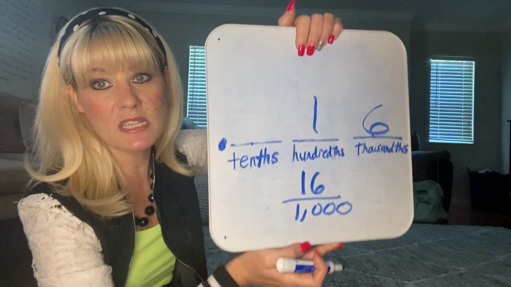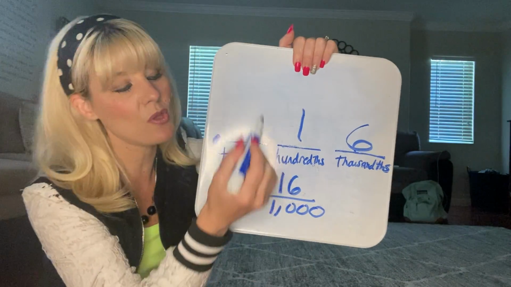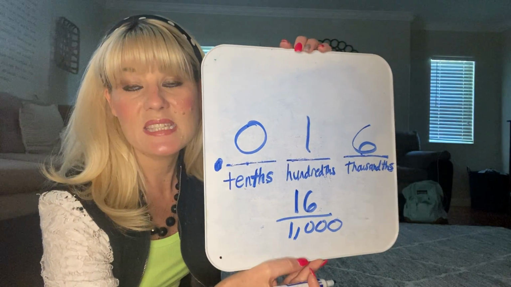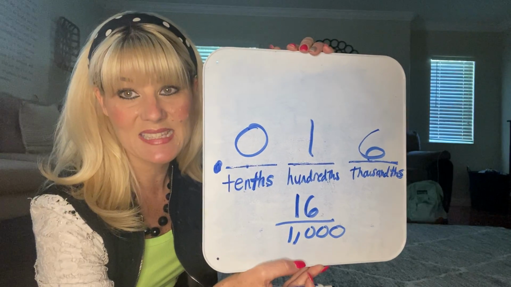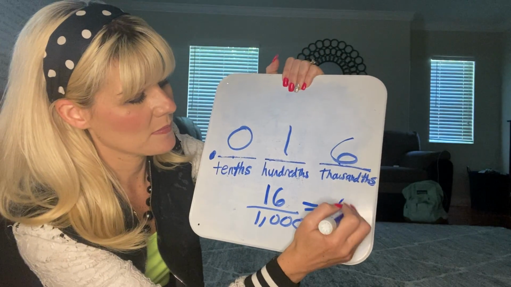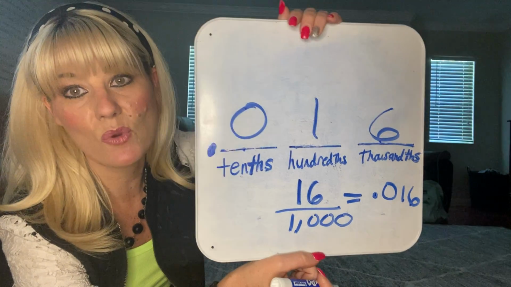So it leaves an empty space in the tenths place. Anytime there's an empty space like that for a decimal, all you have to do is put a 0 right there. So it's 0.016, the same thing as 16 out of 1,000. It looks like this: 16 thousandths, 0.016.